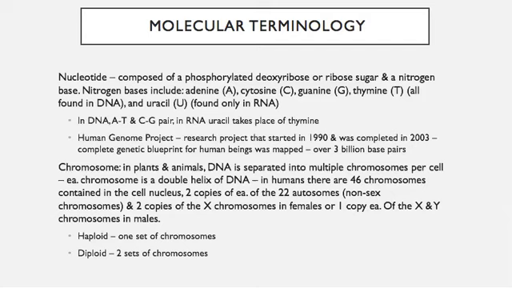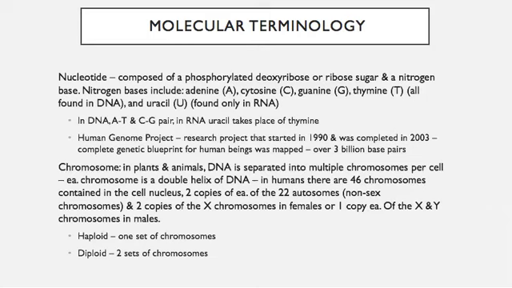Those nitrogen bases include, and we've talked about these before, adenine, cytosine, guanine, thymine, which are all found in DNA, and then uracil, which is found only in RNA. So in DNA, your base pairs that match are going to be adenine to thymine, cytosine to guanine, and then in RNA, uracil takes the place of thymine.